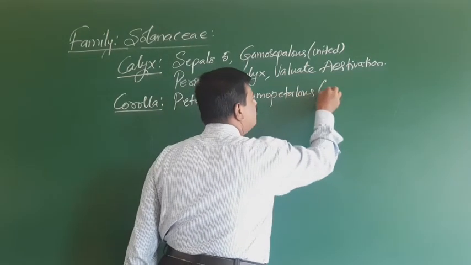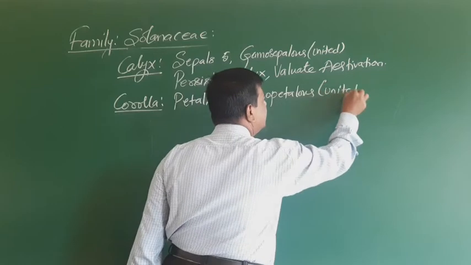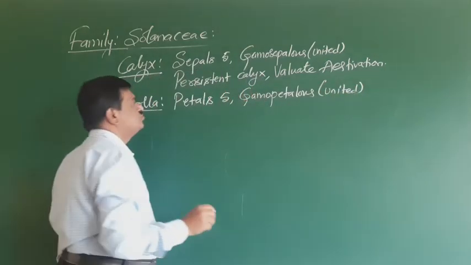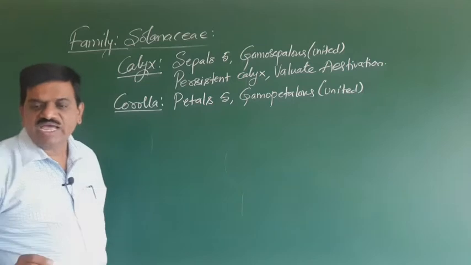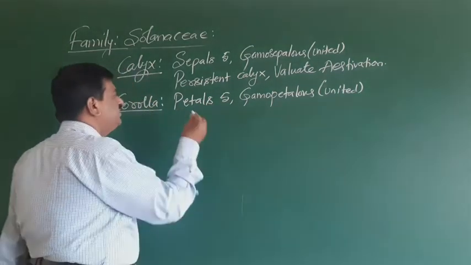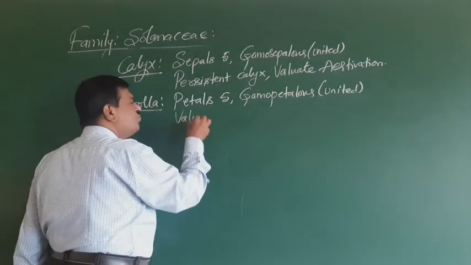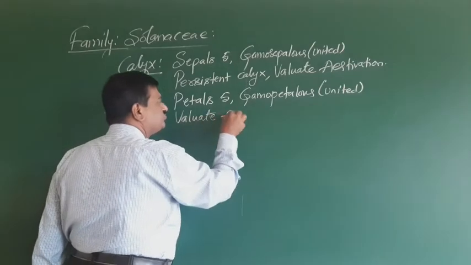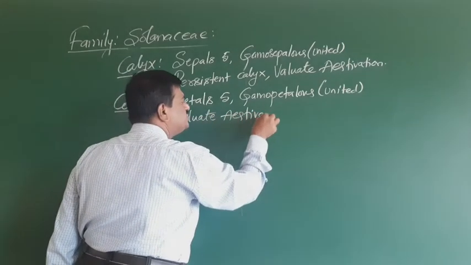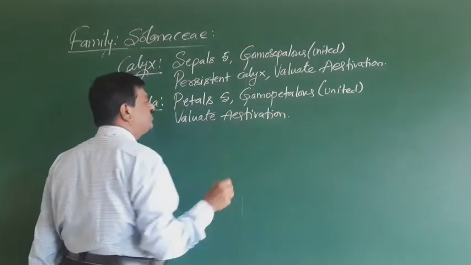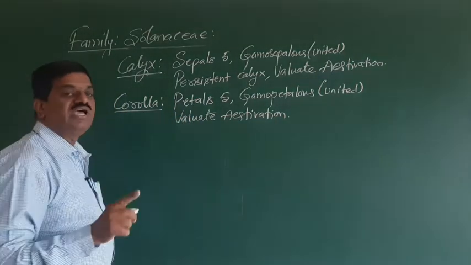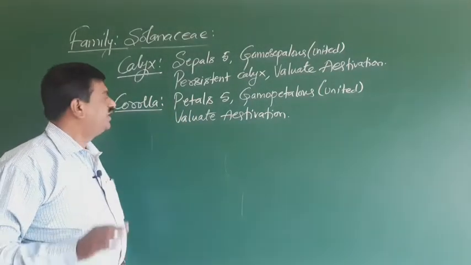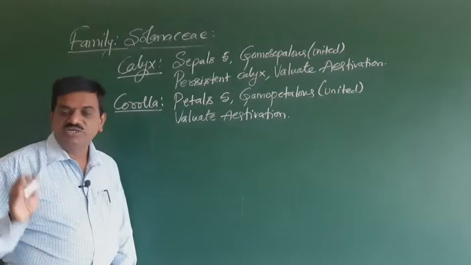The word gamopetalous means united: the petals are fused. And the aestivation is valvate aestivation. So here the arrangement of calyx and corolla is end to end, hence we use the word valvate aestivation.